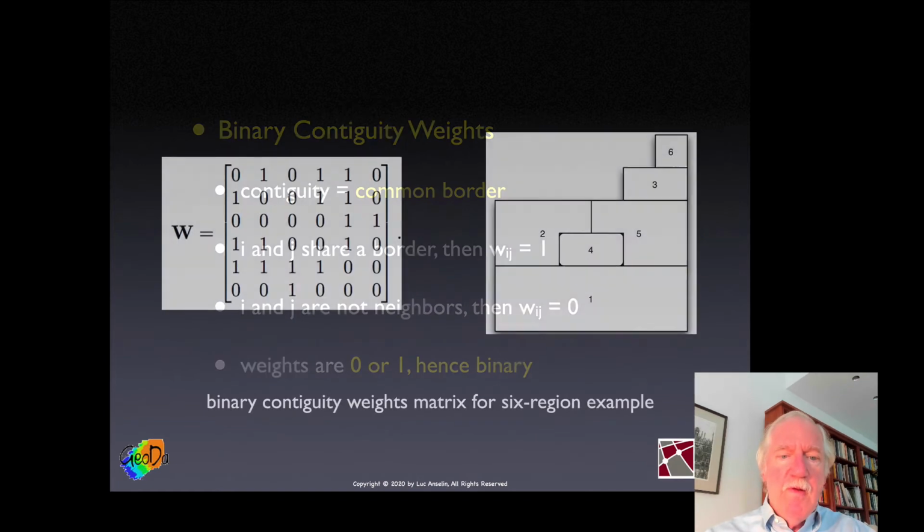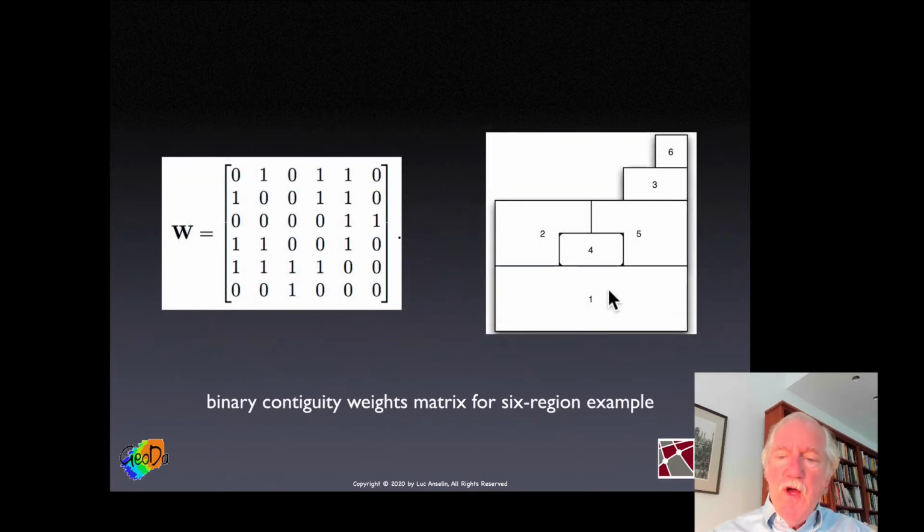So in our example, here we are. This is the matrix. As many rows as there are observations, as many columns as there are observations. Each row is the i and looks at what is the neighbor relation with the columns, the j. So we know diagonal 0. Now we look at row 1, observation 1, and column 2, observation 2. We look in our graph, we see a common border here, so we put a 1.